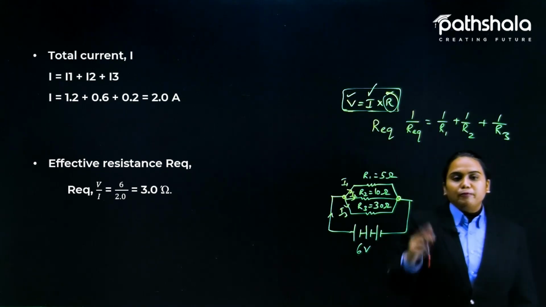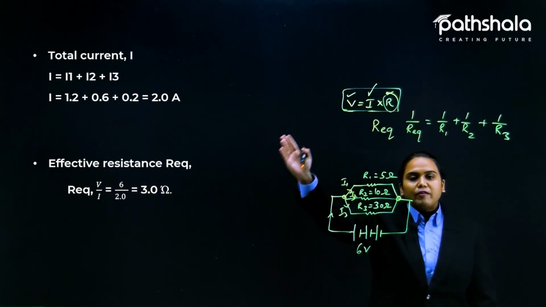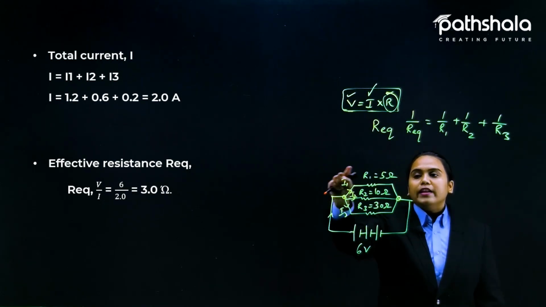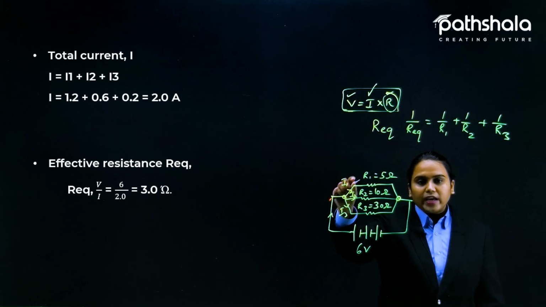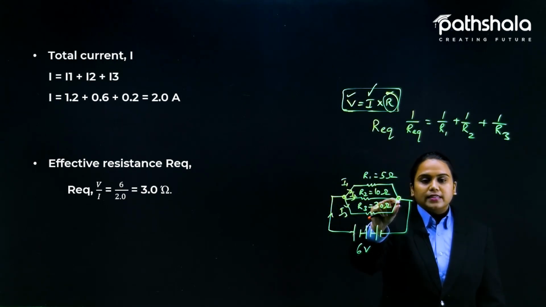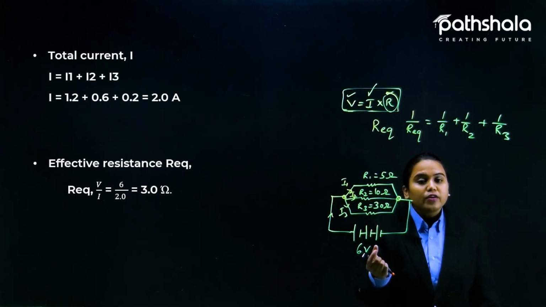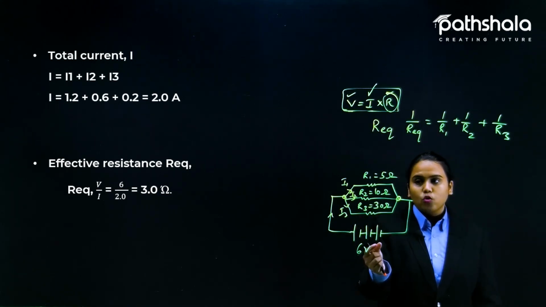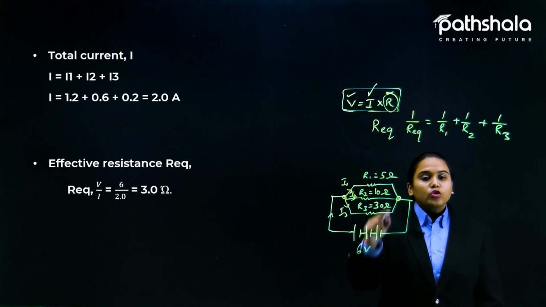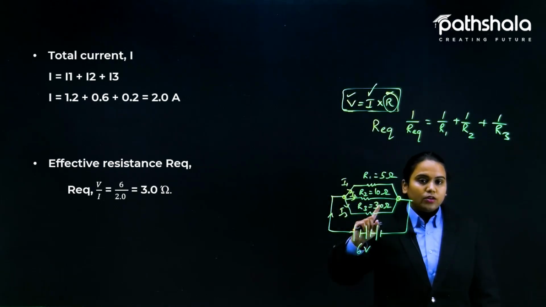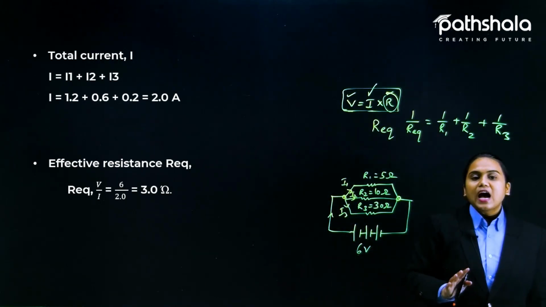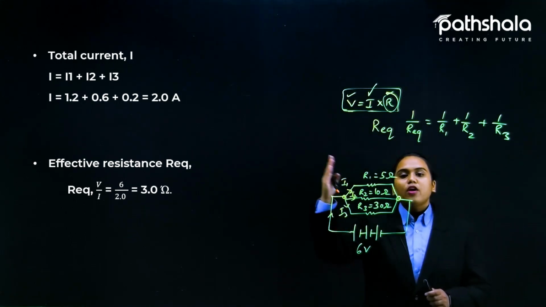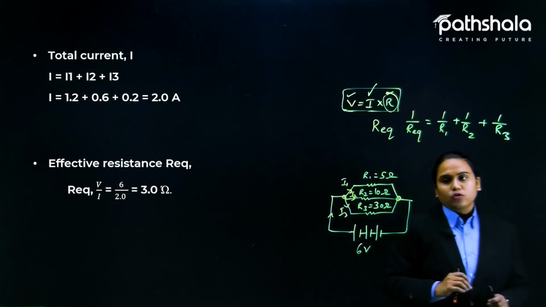The reason why I have provided the earlier solution is that if you need to find the current going through a particular resistance, say the resistance R2, that is 10 ohm, then this is how you can find it. But if you want to find the R equivalent directly, you don't need to find the value of individual currents in this case.